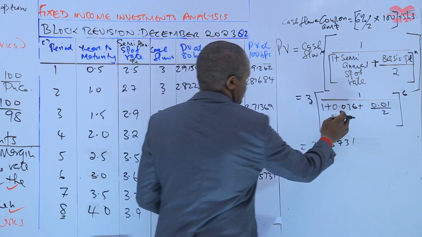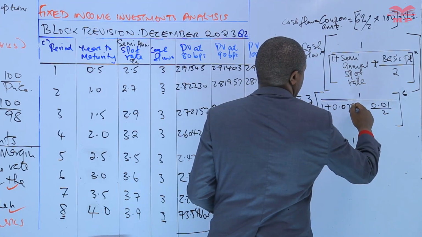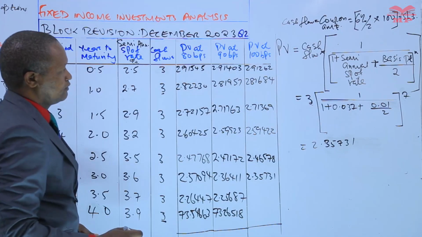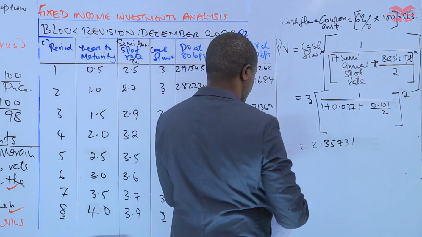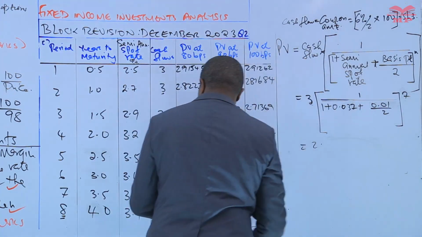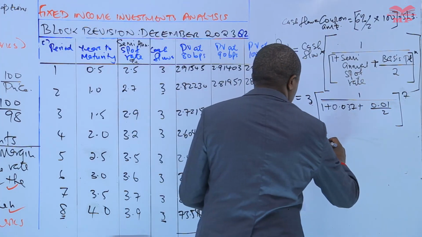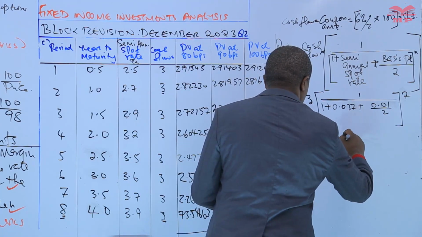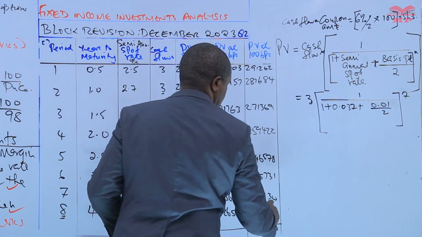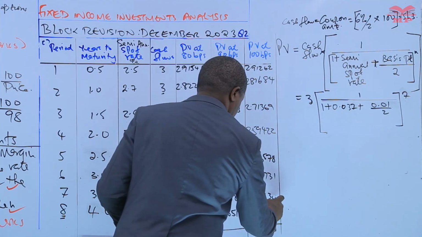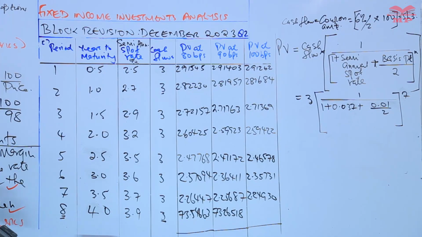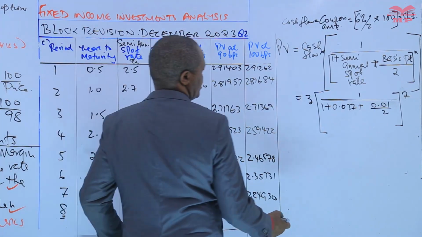So we change here to 3.7 raised to 7. This will be equal to 2.24930.